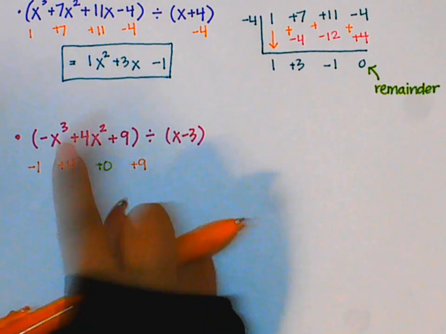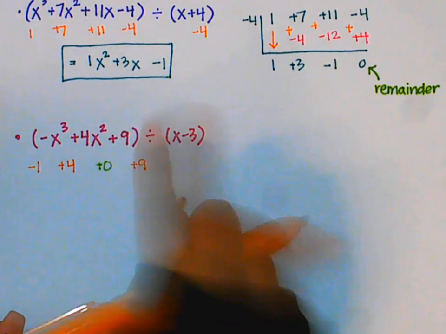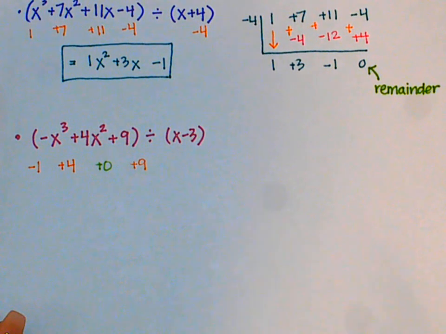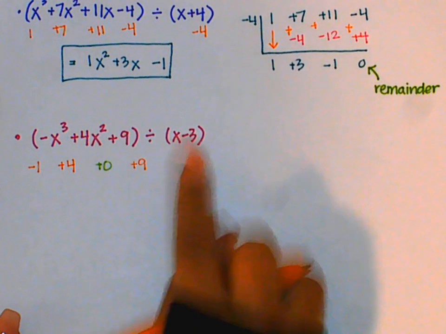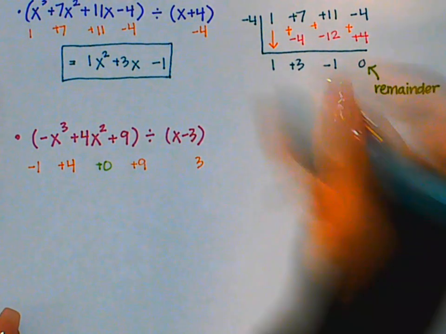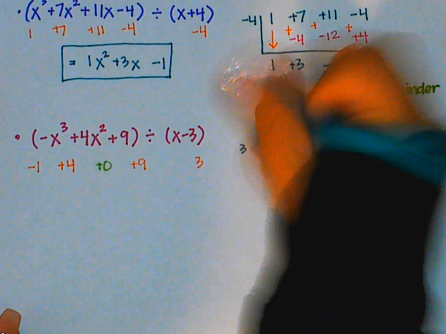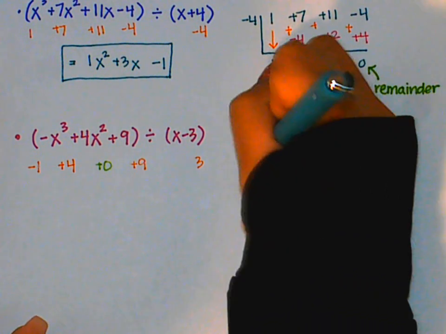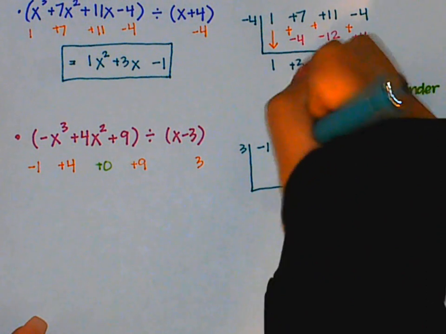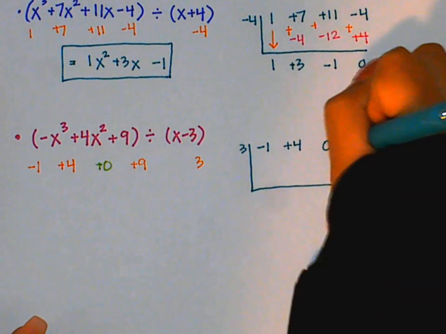You need every variable to be there, represented in some way, even if it's just with the 0, but you need to represent it. My value of h is 3. Remember, you take the opposite. So now when I set this up, I get -1, +4, 0, and +9.